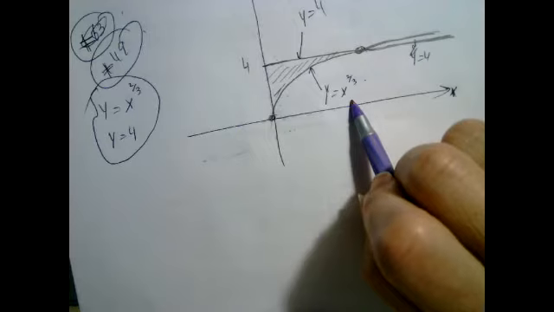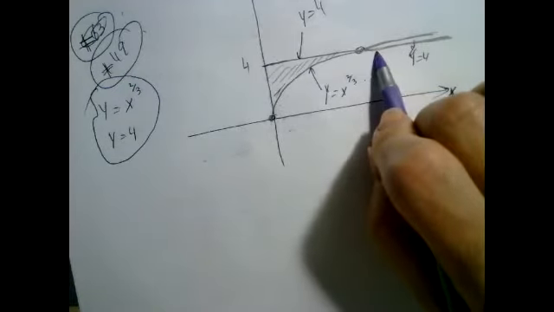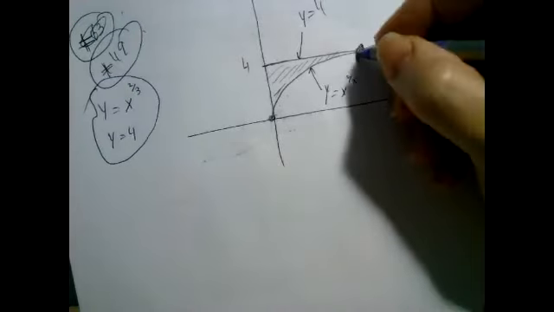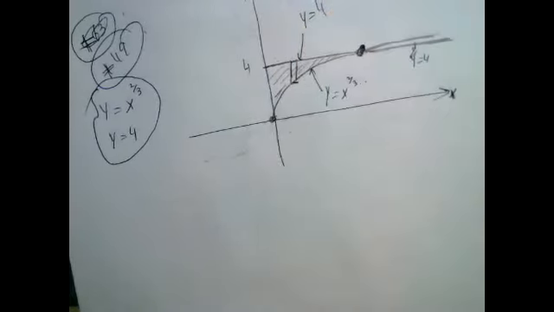I mean, what's the top curve in this problem? y is equal to 4. Okay, what's the bottom curve? Is it the same across the board? Does it change? If I take my typical rectangle right there, a vertical one, is the top curve changing? No. Is the bottom curve changing? Yeah.